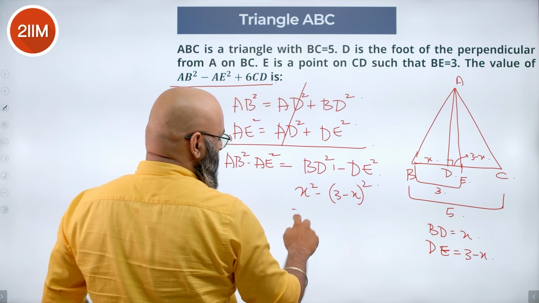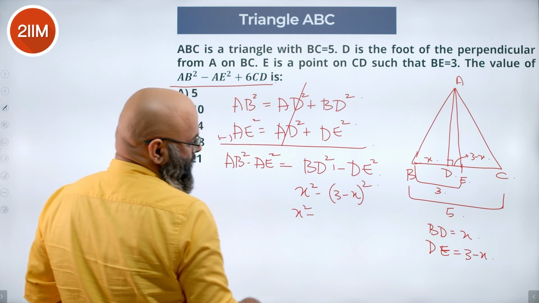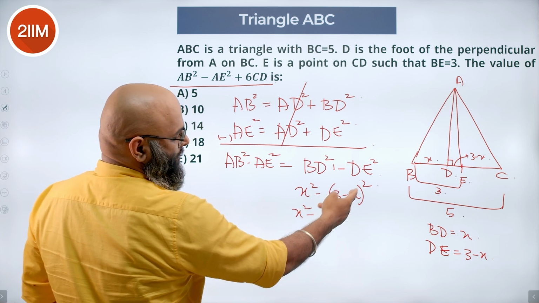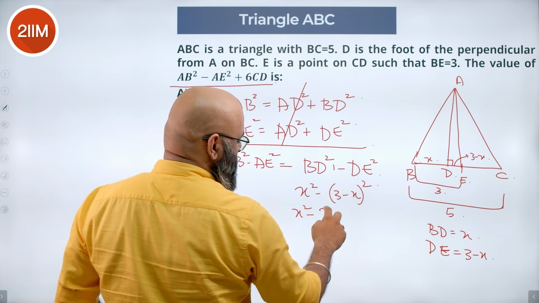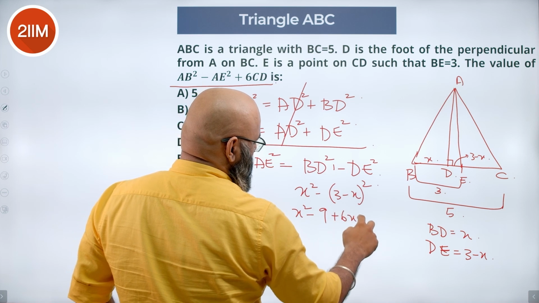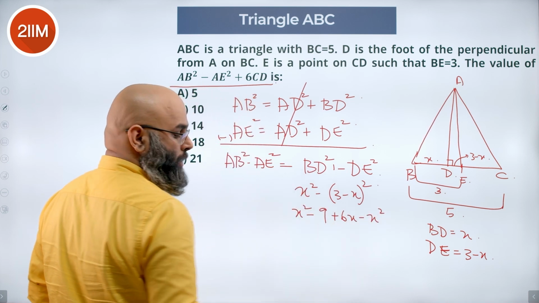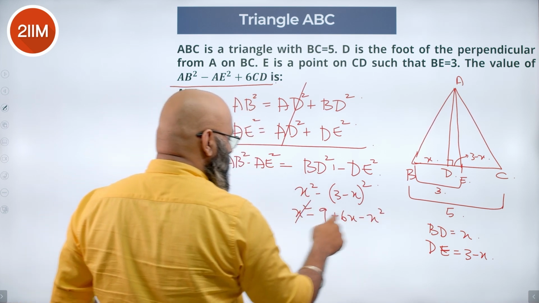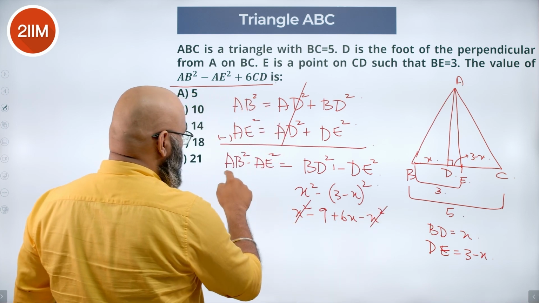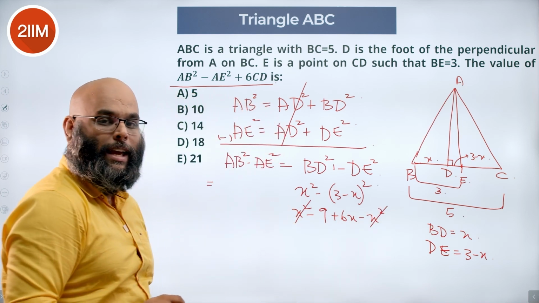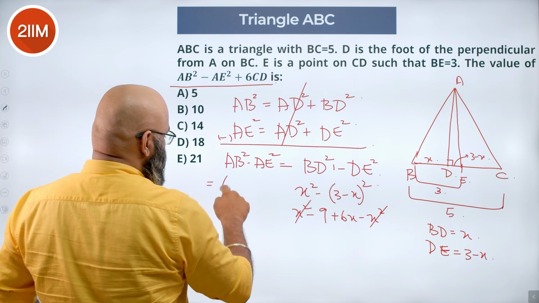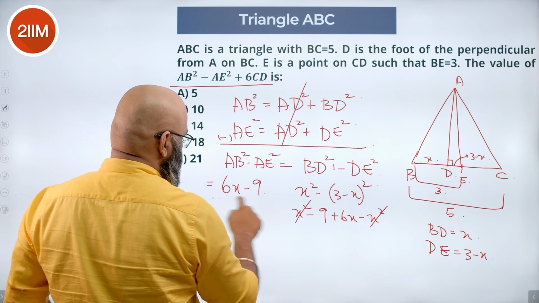So you solve for it, you get X square minus 9 minus 6X plus X square. We'll have minus 9 plus 6X minus X square, multiplying the minus inside. So X square minus X square goes off. So we are left out with AB square minus AE square as 6X minus 9.